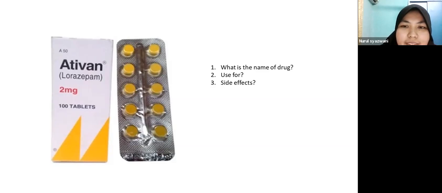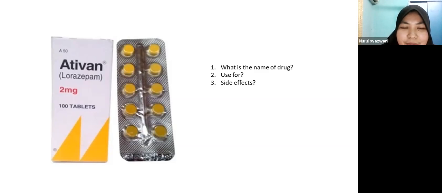Yes, correct. This drug also can be used in treating active seizure like status epilepticus, and alcohol withdrawal, because this drug has a sedative hypnotic effect, right?